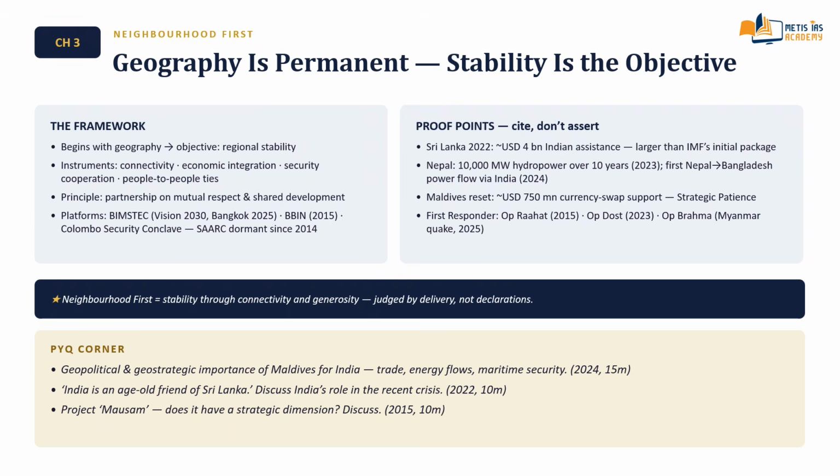Finally, a rules-based international order. What is that? Rules-based international order means that international relations should be governed by international law, respect for sovereignty, peaceful settlement of disputes, and multilateral cooperation rather than unilateral use of force.